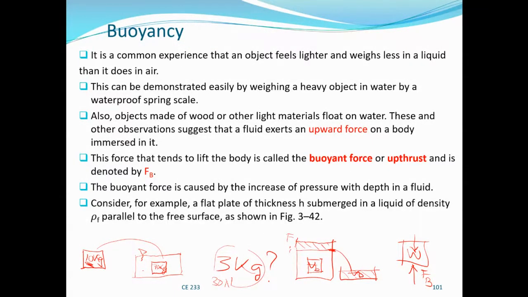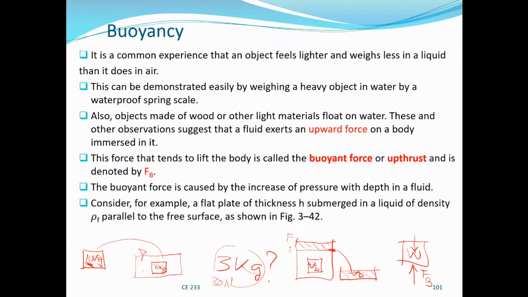It is because of the upthrust. The upthrust is more or less like giving support to the body inside the liquid, and that is why the weight reduces if it is inside a liquid.